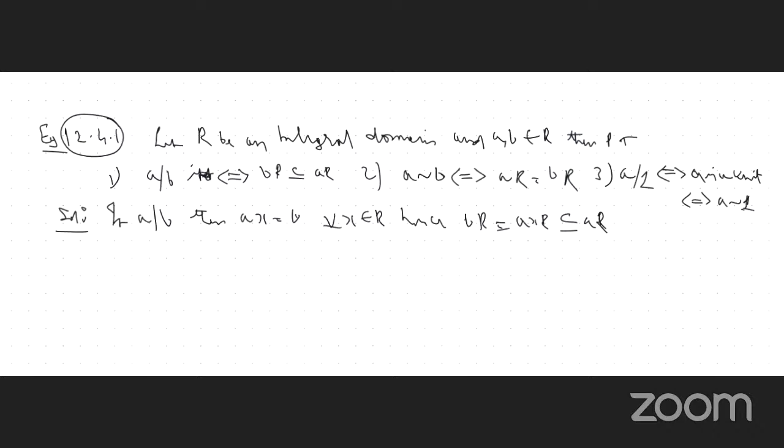Conversely, if bR is a subset of aR, then b equals b times 1, which belongs to bR, a subset of aR.